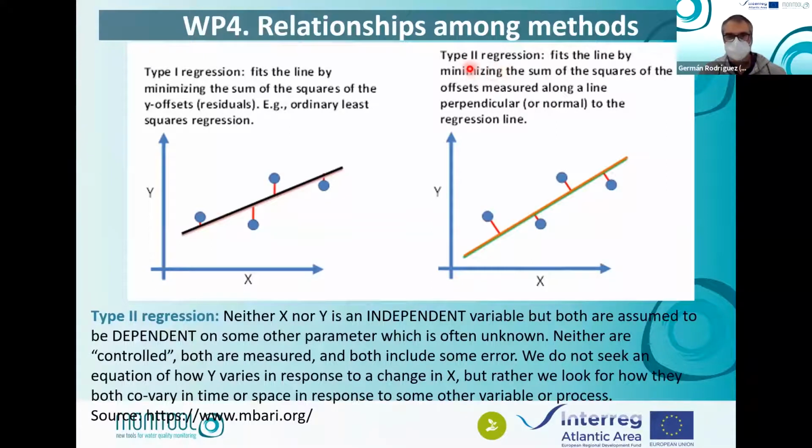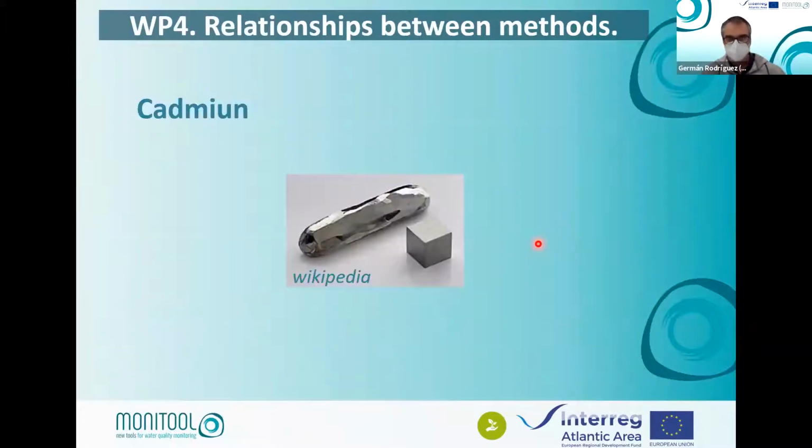We are not going to use the usual regression, which tries to minimize these red distances. We are going to use another kind of regression, which tries to minimize this distance, the perpendicular one. It's a small detail.